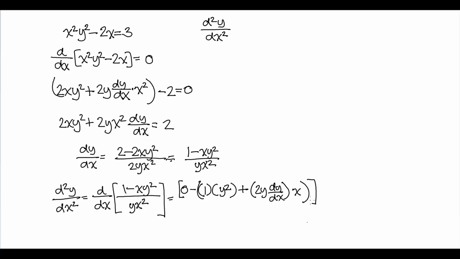That was only the first term. Minus 1 minus xy squared, so the f prime g minus g prime f, so f g prime.